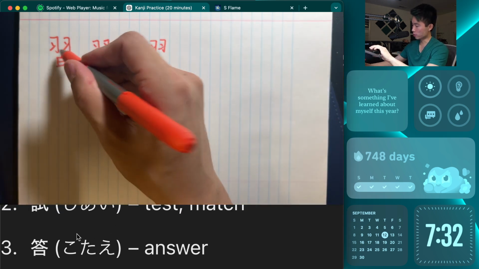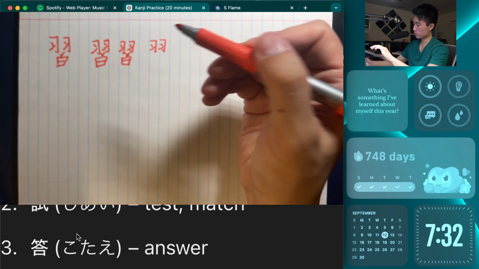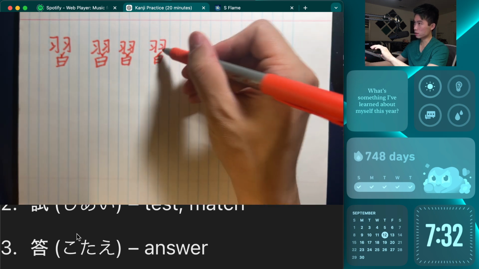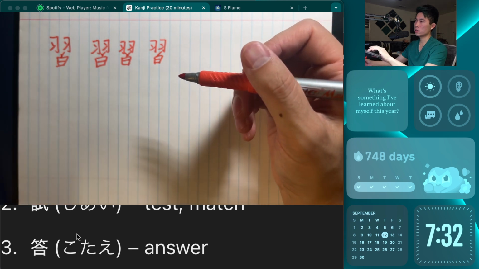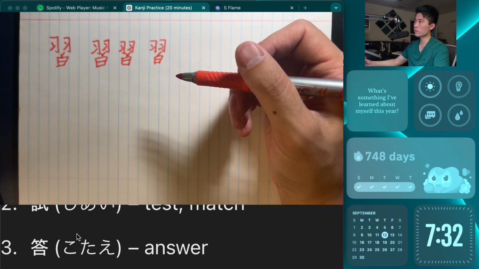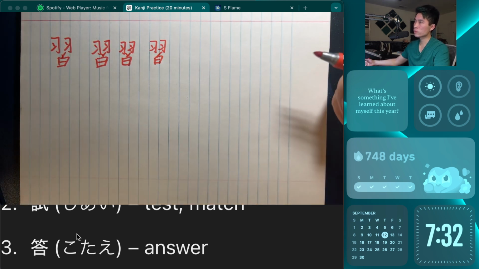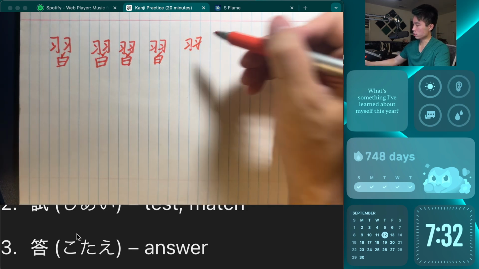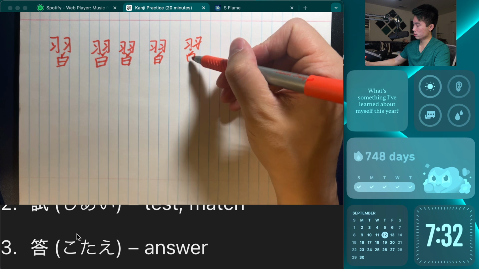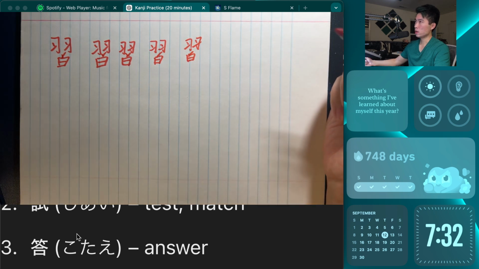Nope, I went the wrong way. So it's towards the right side instead. And then let's do it one more time. So these things mean wings, and then the bottom is white. And that's to learn. I don't know why that is to learn.